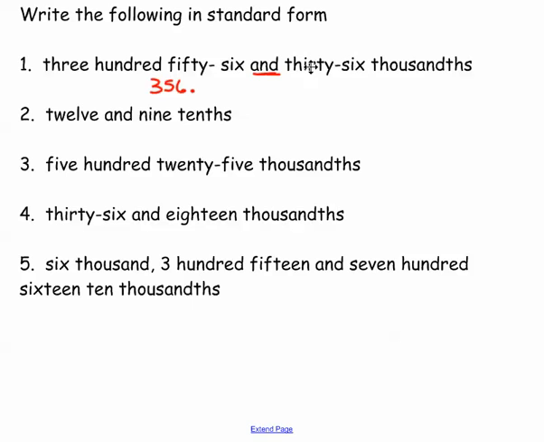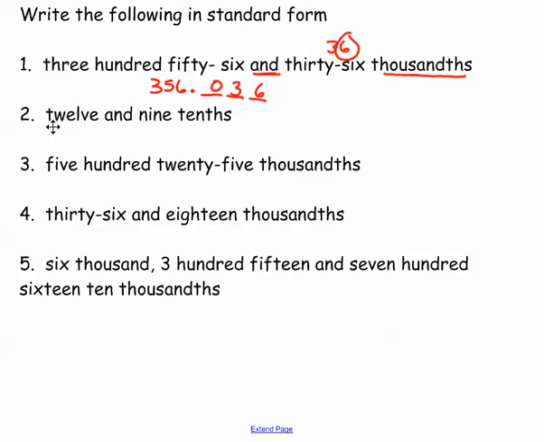So I know you know how to write 36. That's just a 36. The thousandths tells you there are 3 places after the decimal. I've got the tenths, the hundredths, and the thousandths. Remember that last number needs to be in the last place value. So the 6 has to be there, the 3 has to be there, and then I guess I have to fill that spot with a 0.